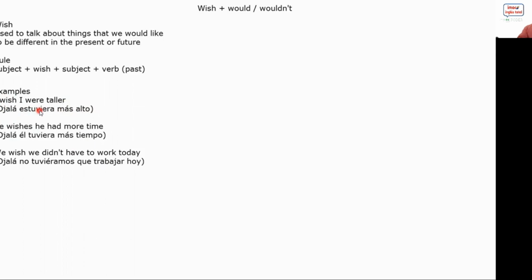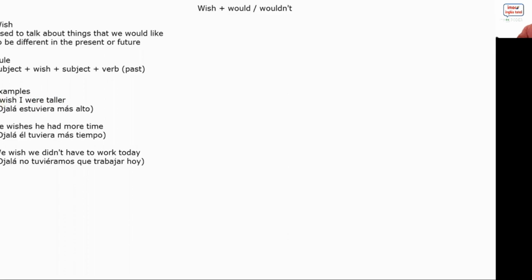En cualquiera de los dos casos, la intención del mensaje no cambia. Estamos hablando de una situación muy poco probable de suceder o bien imposible. I wish I were taller. There's no way to be taller. So this is impossible. I wasn't taller. I'm not taller right now. And I won't be taller. Ever.